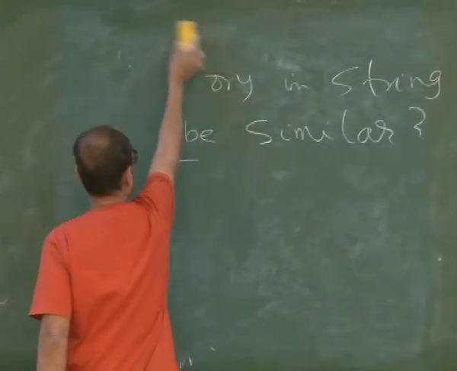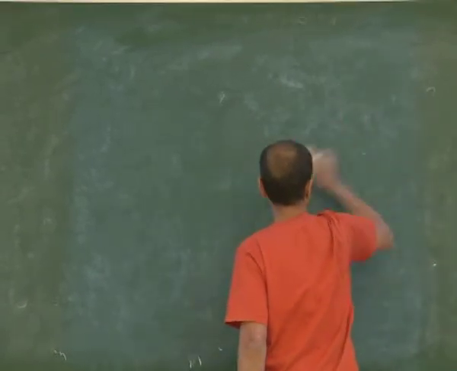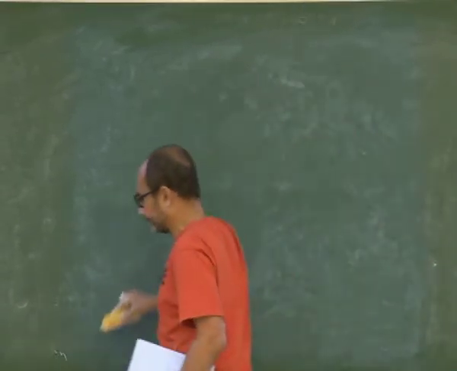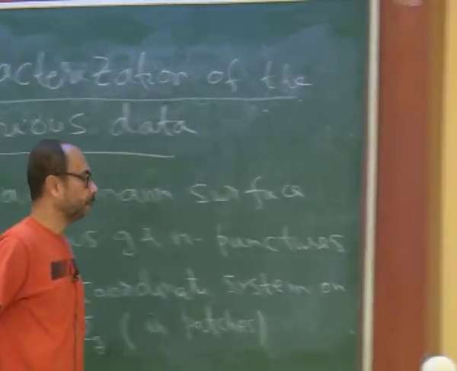So, to do that, we will now introduce another set of coordinates which we call local coordinates. This is the first set of coordinates that we have.